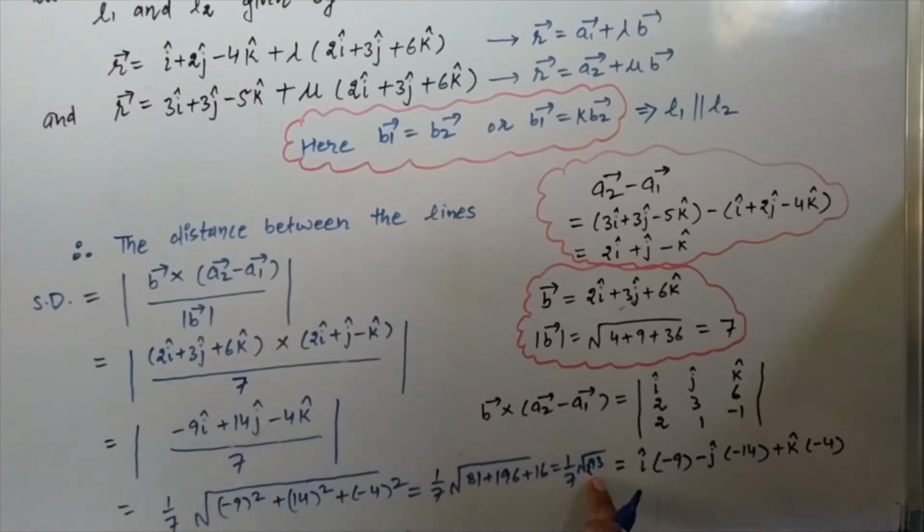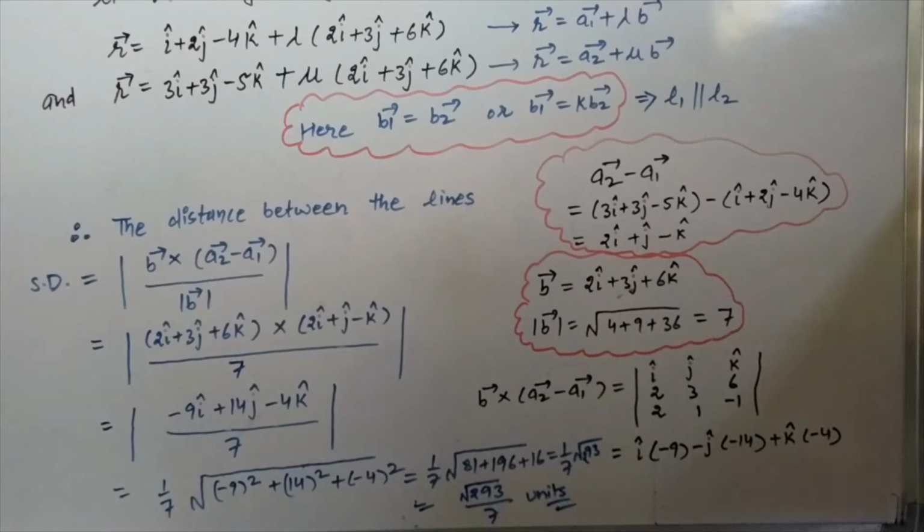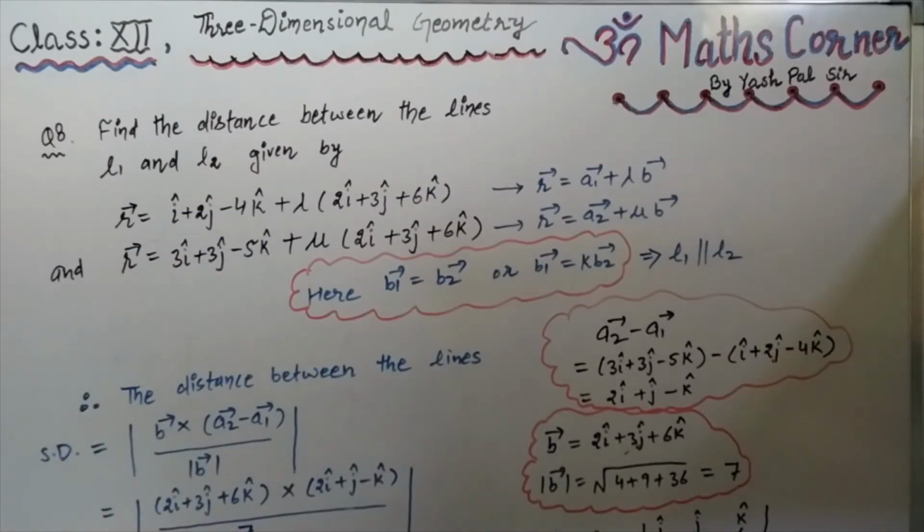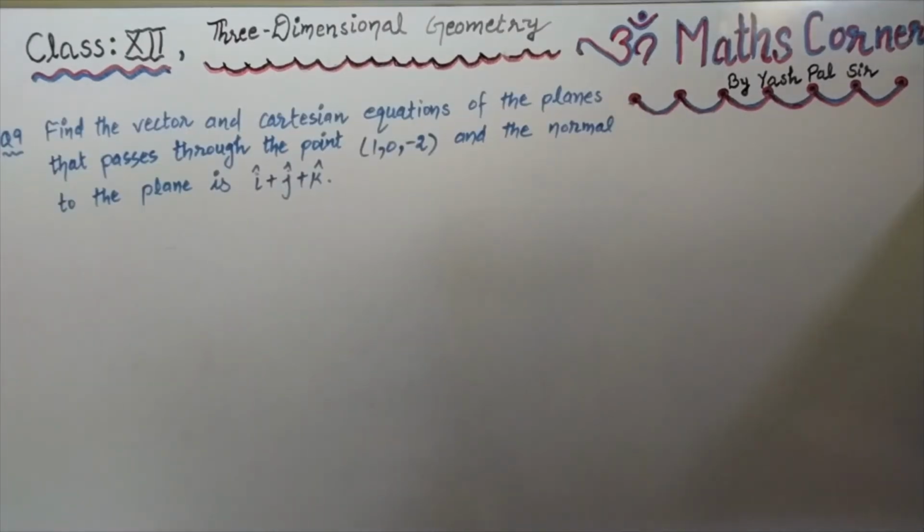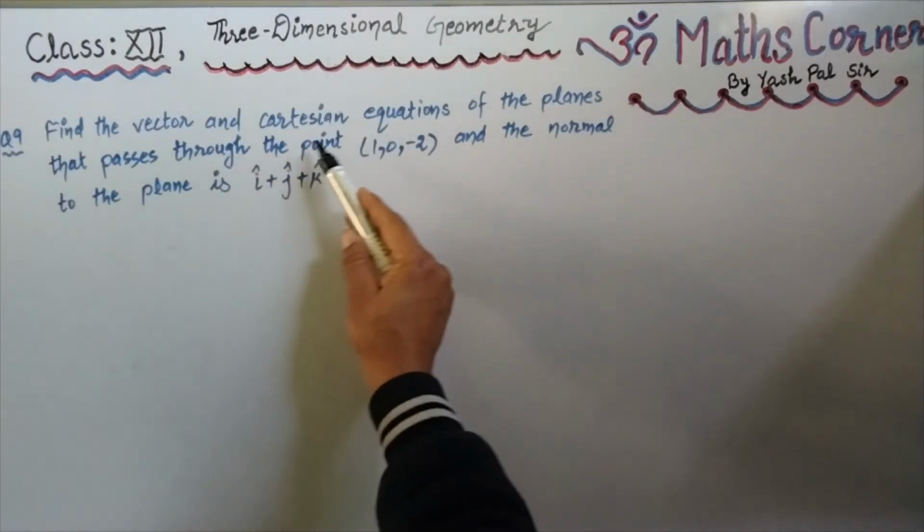So this is again equal to 1 upon 7 into square root of 293. So what is the answer? Square root of 293 divided by 7 units. This is the required distance between the given parallel lines.